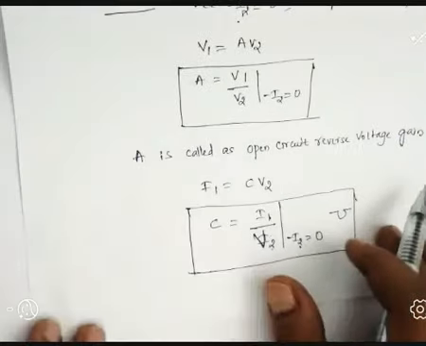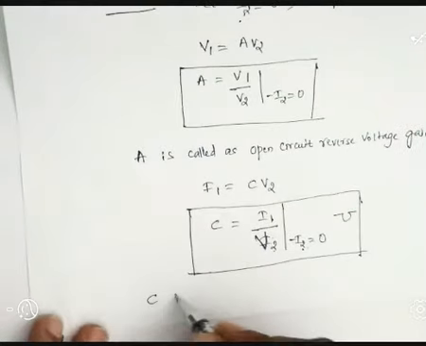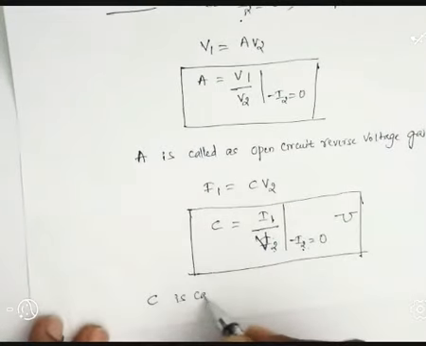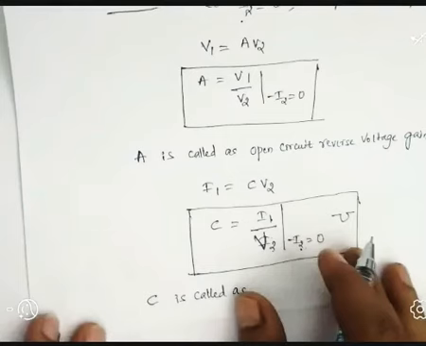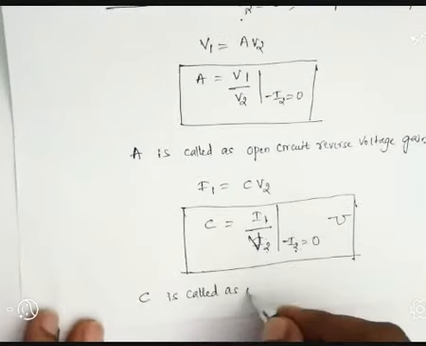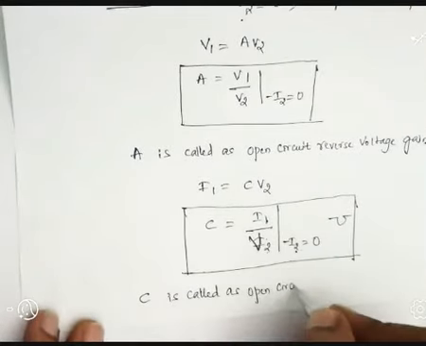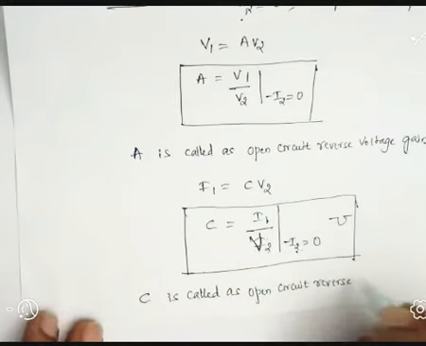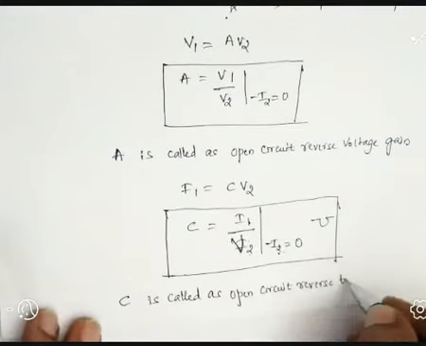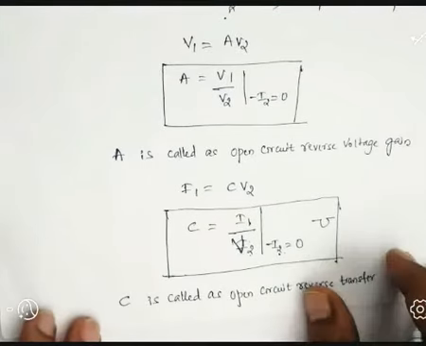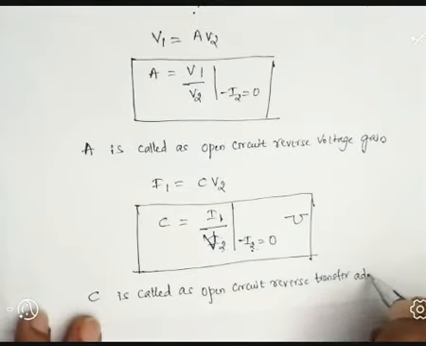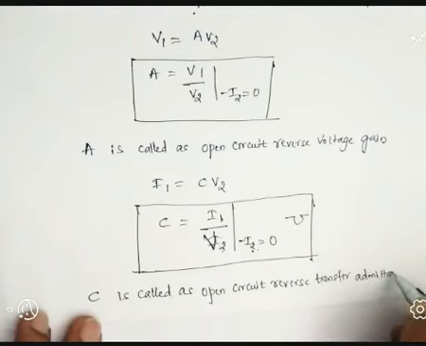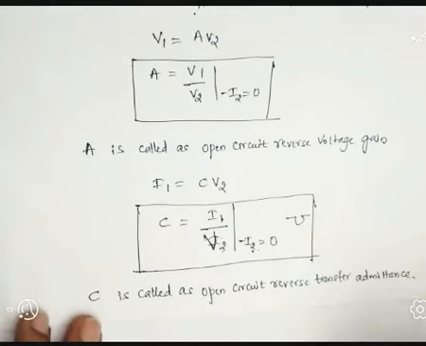Hence, the parameter C is called the open circuit reverse transfer admittance. Okay, is it clear?